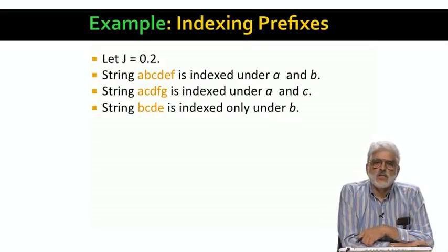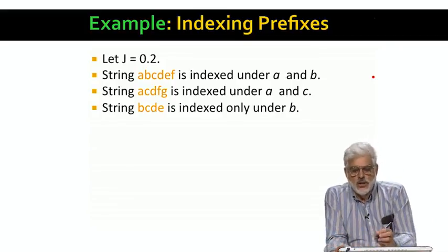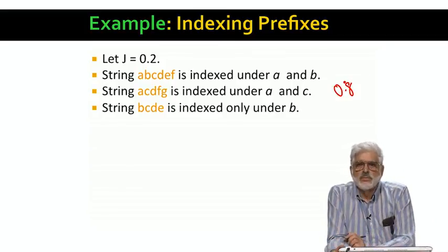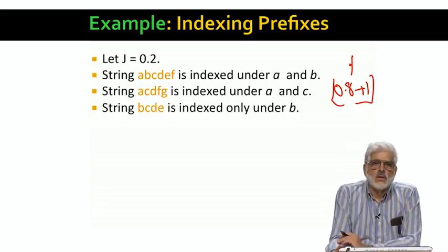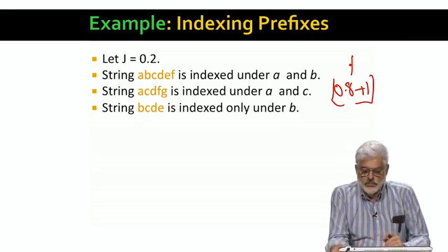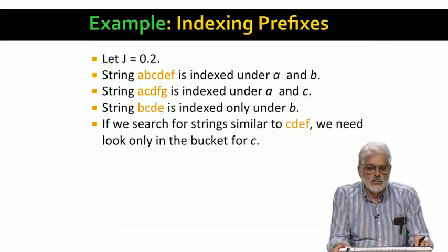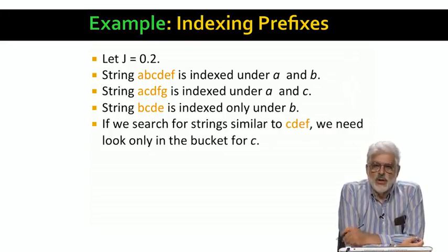What about the string B, C, D, E? Well, L equals 4, and JL equals 0.8, and the floor of 0.8 plus 1 is just 1. Thus, we index B, C, D, E only under B. Now suppose we have a probe string, C, D, E, F. It is also of length 4, and the floor of JL plus 1 is 1.